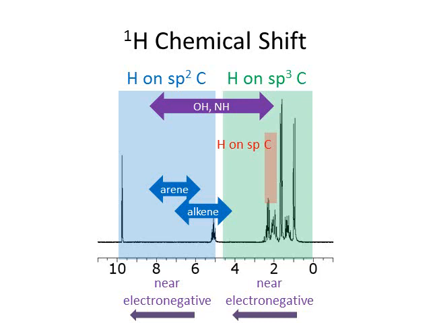Hydrogens on an sp hybridized carbon really happen very rarely. That is only when you have what's called a terminal alkyne. That is one where the triple bond is at the end of a chain, and so you have a CC triple bond where one of the carbons has a hydrogen.